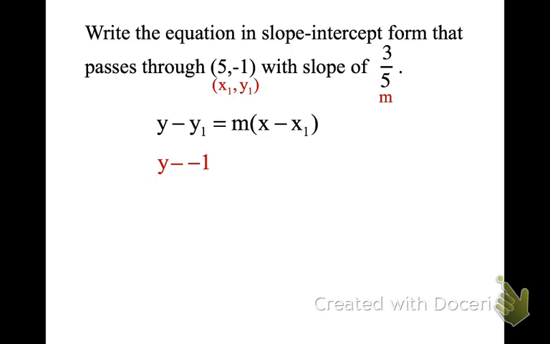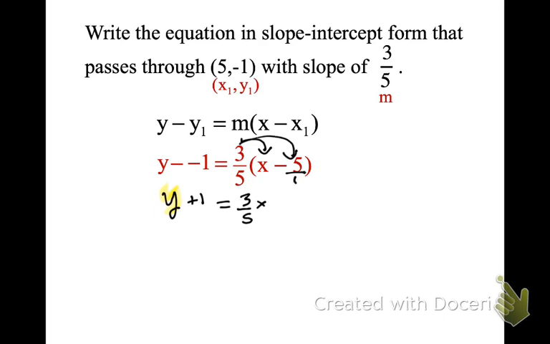Equals 3 over 5 times the quantity of x minus 5. Perfect. Now, I would then just simplify that to y plus 1 equals. I start distributing right away, 3/5 x.